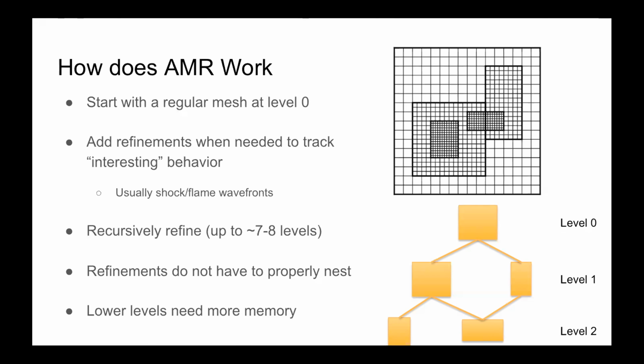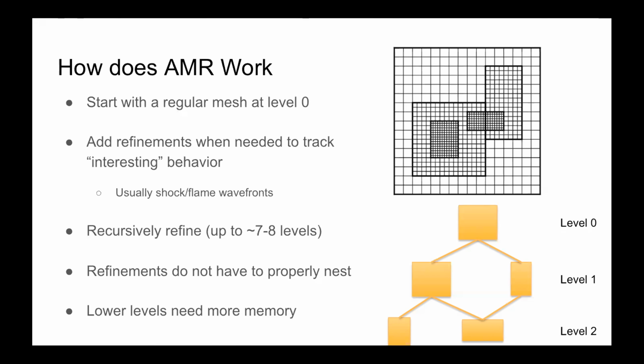And you can recurse up to 7 to 8 levels in order to capture really interesting behavior. When you've got a shock wavefront propagating, you really need to zoom in very close in order to keep your simulation stable. If you try to take too big a time step on too big a cell, your simulation can become unstable very quickly if you're not properly refined.